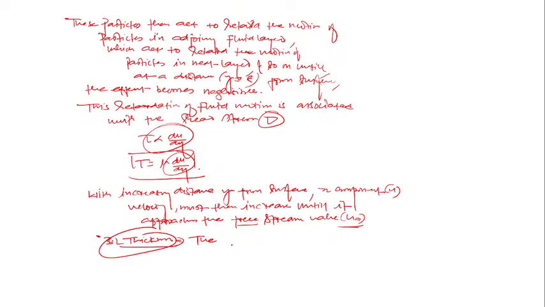First of all, physically, the region of the fluid motion in which the gradient du upon dy exists is called the boundary layer thickness. Yes or no?